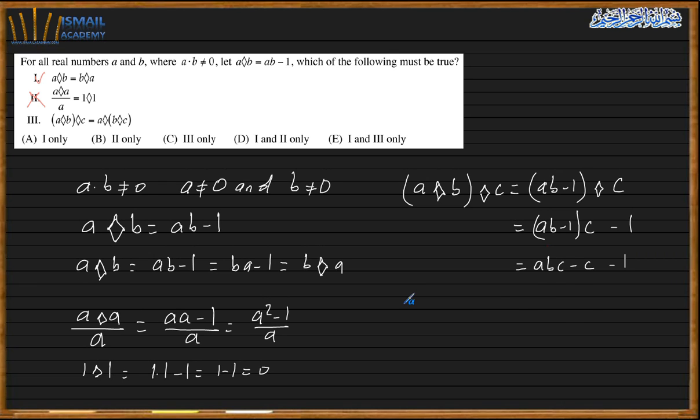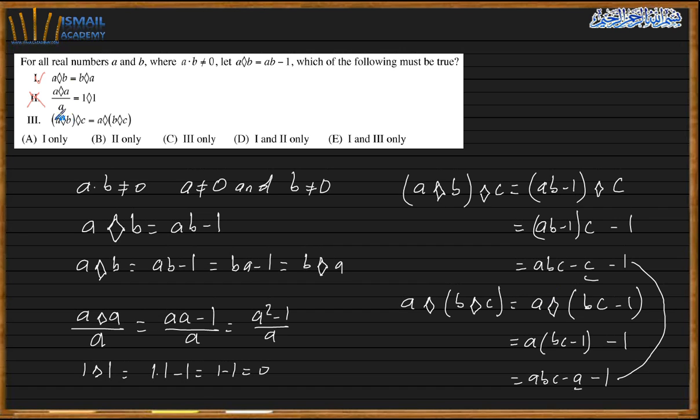And here will be the same thing as the first time, the second minus 1, which is ABC. We have C is A. The third one is not true. So the only answer is A.